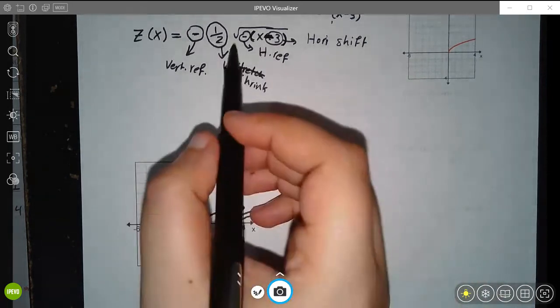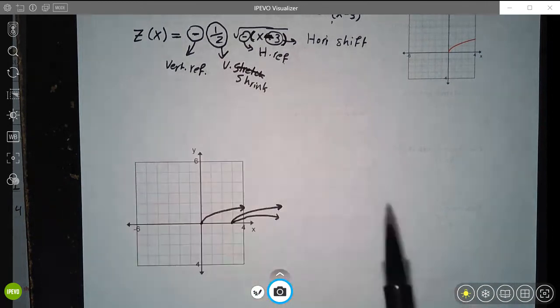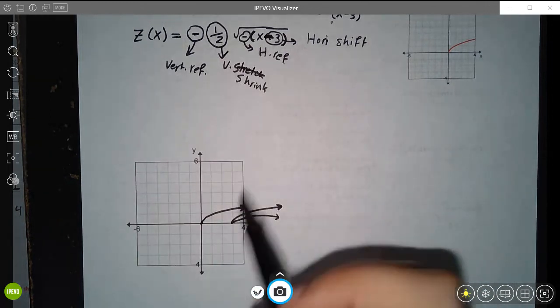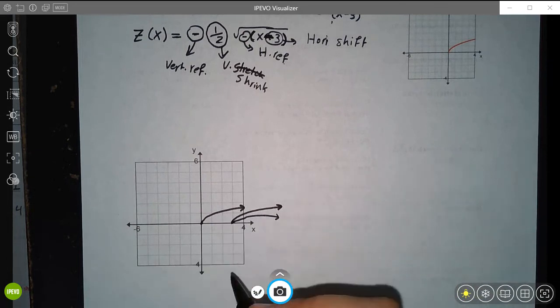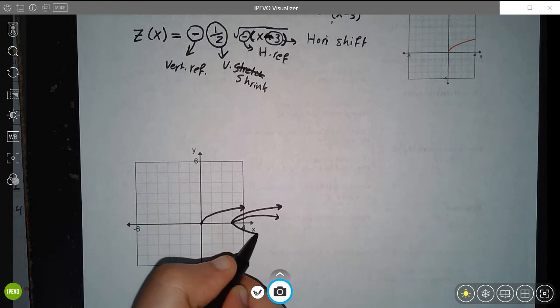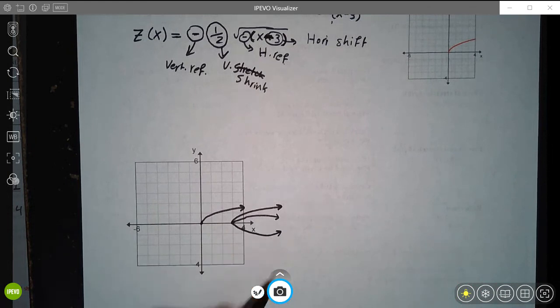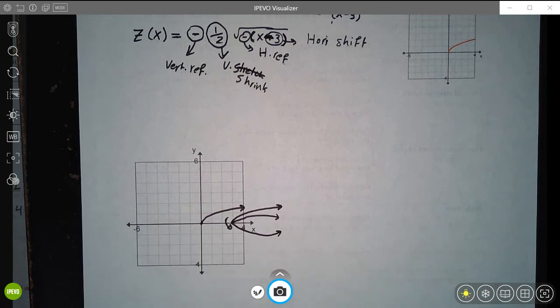Next, I'm going to deal with reflections. Now there's 2. I'm going to reflect across the y-axis and the x-axis. I'm doing both. And it doesn't matter which one you do first. So let's do across the x-axis first, since it seems easiest. Like that. So we flipped it across the x-axis, as you saw.